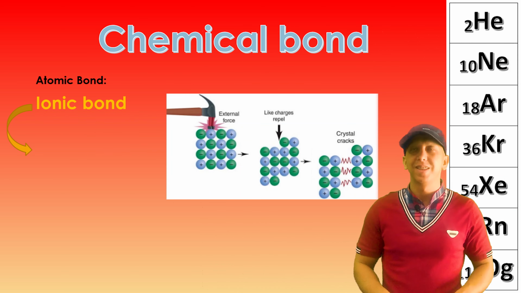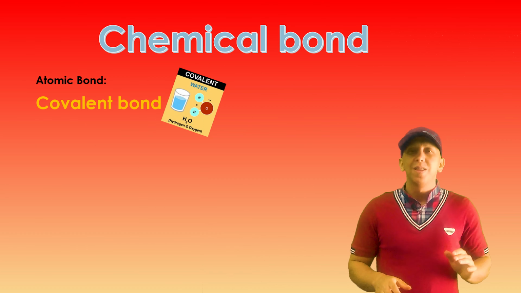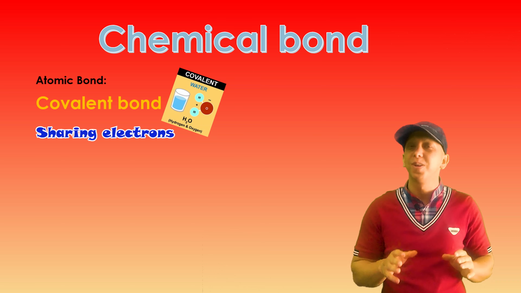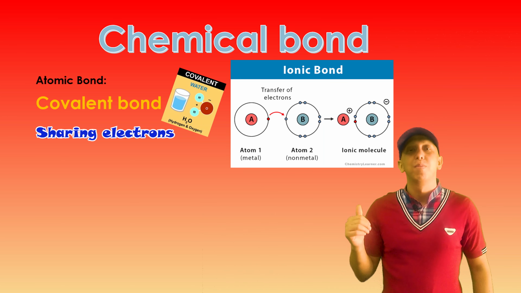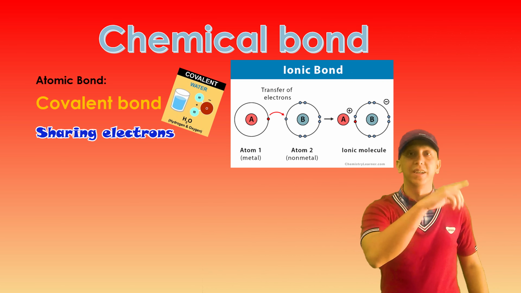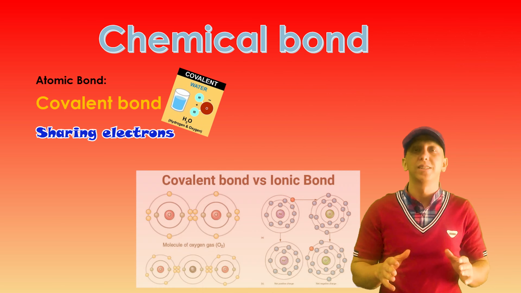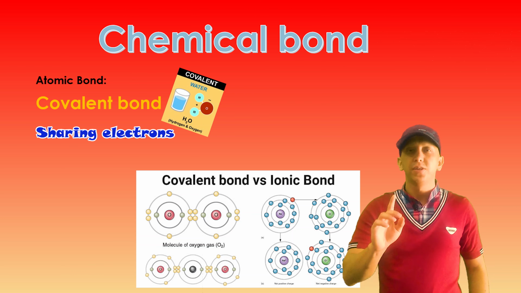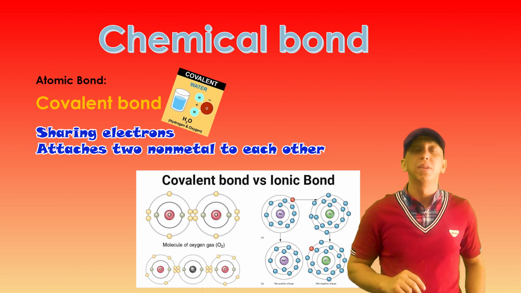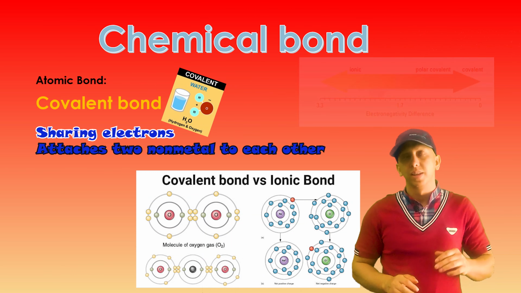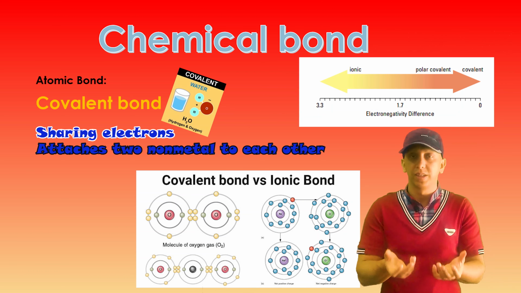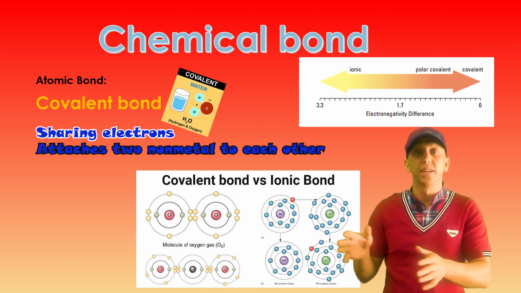Now let's talk about the covalent bond. Covalent bond is about sharing electron between two elements. As we know, ionic bond is about transferring electron, but in covalent bond, two elements will share their electron, and it usually attaches two non-metal elements to each other, and the electronegativity difference between the elements in covalent bond is lower than ionic bond.